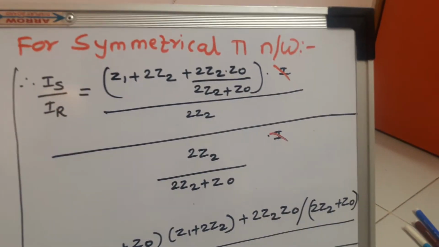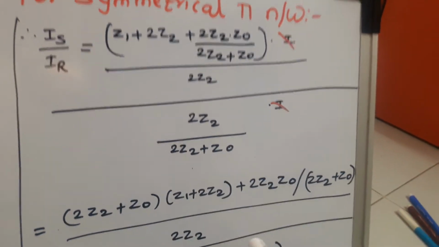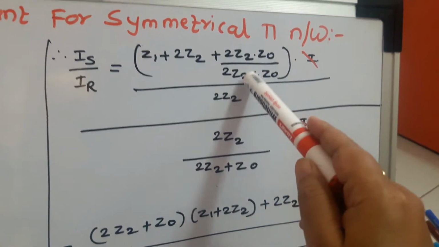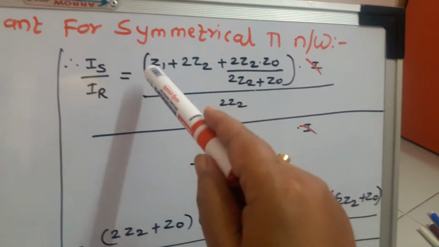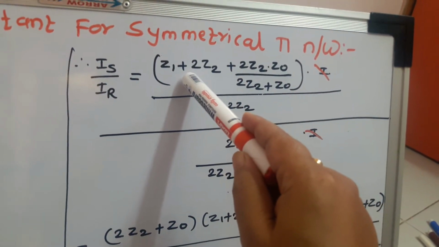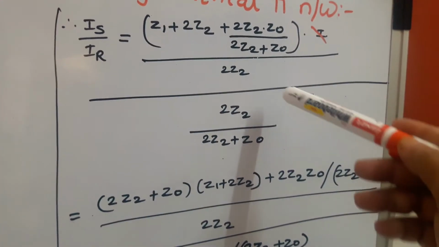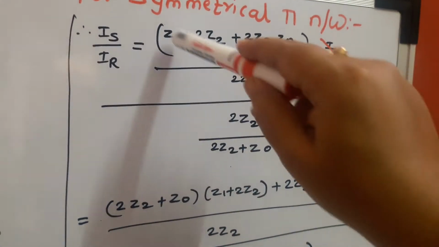We will have these 4 terms, A divided by B divided by C divided by D. So let us take the numerator here, let us take the LCM here, that is 2 times Z2 plus Z0. This will be the LCM, multiplied by Z1 plus 2 times Z2 plus 2 times Z2 Z0. This 2 times Z2 will be shifted here and this will be multiplied with this entire term.